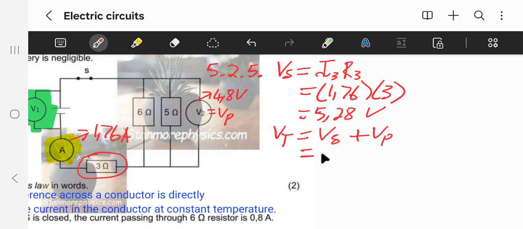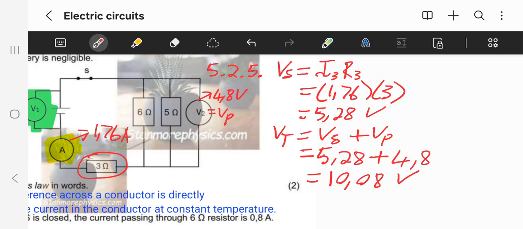The voltage in series, which is 5,28, plus the voltage in parallel, which is 4,8. If I add these two numbers together, the answer is 10,08 volts. So that's another way of finding our total voltage, which is V1.